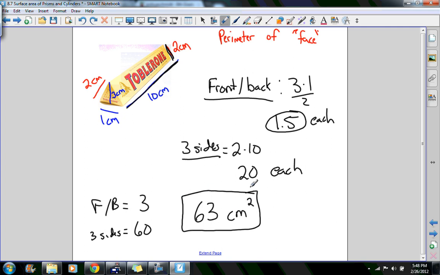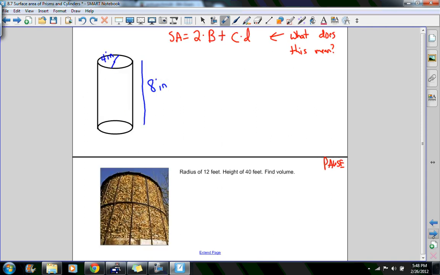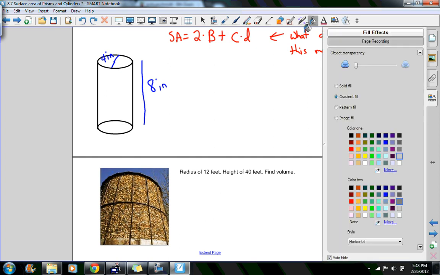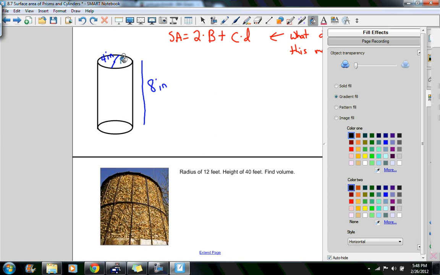Okay, I know the triangular prisms are tricky, and I don't like doing surface area of those, but that's the best we can do. Okay. Now, these are important. The actual cylinder itself, surface area is used quite a bit when finding like big fish tanks or silos or stuff like that. Surface area is very important.